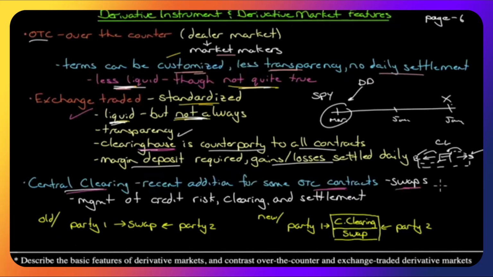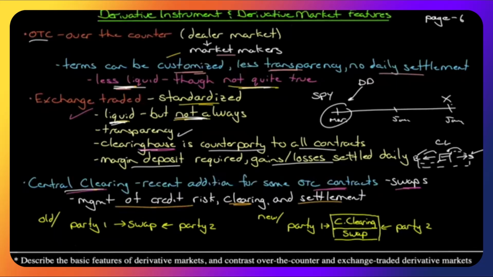So swaps are a good example of a derivative that is becoming more standardized in terms of requiring that they be reported to a central clearing firm. So the central clearing will take care of the management of credit risk, so it reduces counterparty risk. It takes care of clearing and settlement.